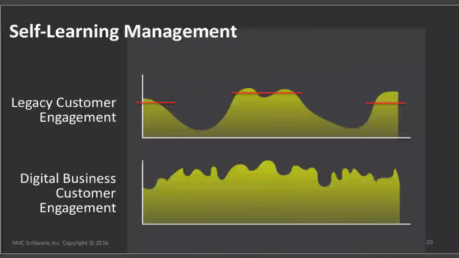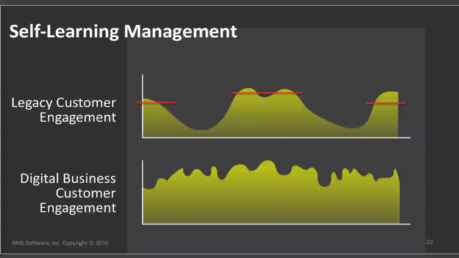So let's go back to our example of the legacy customer and the digital customer. In the legacy customer situation, because we knew the patterns, we knew what was good and what was bad. We knew what was normal, what was a problem. And we could set thresholds to alert us and to trigger automated actions to resolve those problems.